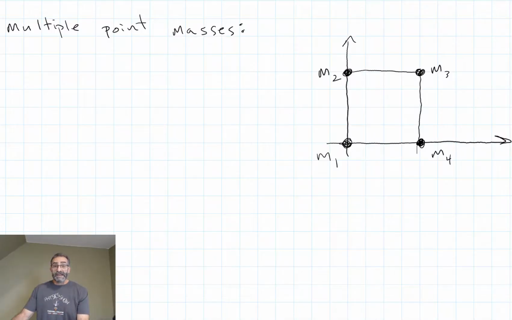Now let's look at a case where we have multiple point masses. Let's say we have 4 point masses connected by some kind of massless rods. So they rotate as a group. They rotate as a solid object. And let's make the axis of rotation through the origin.